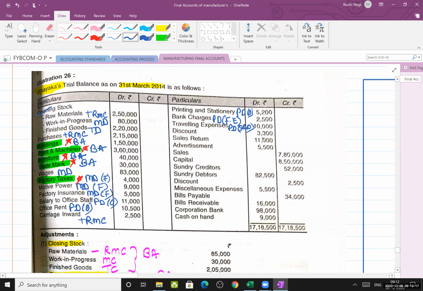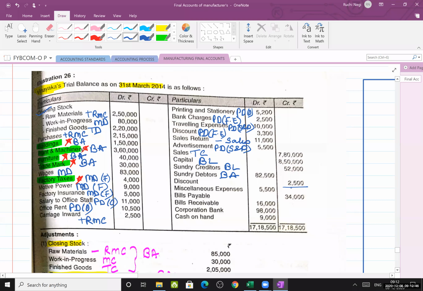Discount is given in the debit column, so P&L debit under the heading financial expense. Sales return, less from sales. Advertisement, P&L debit under the heading selling and distribution. Sales, trading account credit. Capital, balance sheet liability. Creditors, balance sheet liability. Debtors, balance sheet asset.